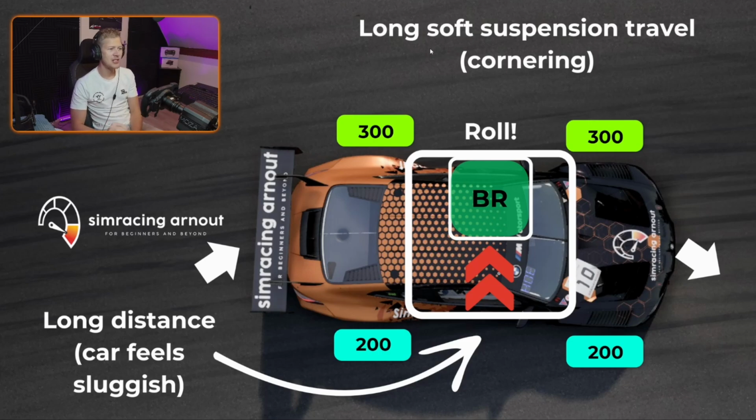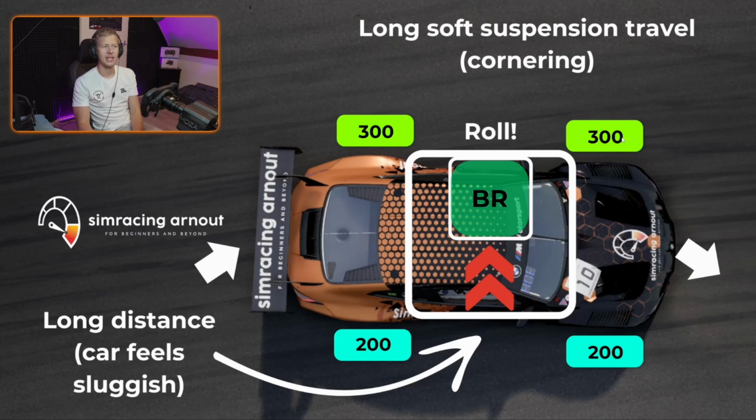And imagine the body roll. So let's say we're cornering to the right here and the body roll goes to the left. Weight transfer is gonna happen, we cannot avoid it. The body roll makes the outside wheels in this situation, and again, this is not proper mathematics or whatever, but this is just how I want to explain it.